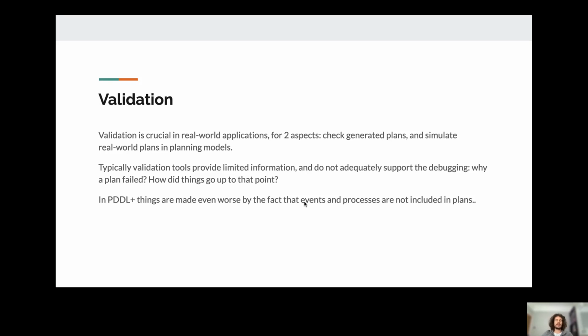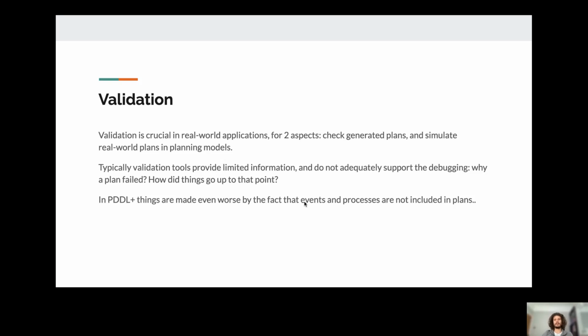In this regard, typical validation tools provide quite limited support, because in most cases they tell you if a plan is valid or not, and you need to dig a bit into them in order to create some more verbose output. But also they tend not to support debugging very much. So specifically, what would be needed is something which tells you not only that a plan failed, but why.